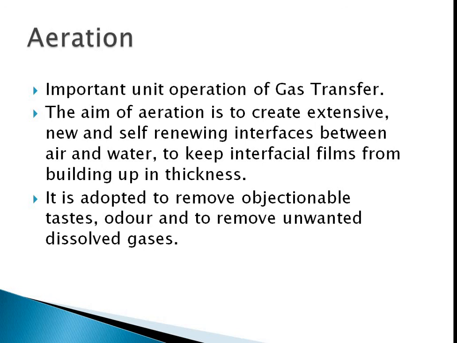Third, addition of ozone from the ozone generator or chlorine gas. Fourth, addition of CO2 from the gas or carbon dioxide gases to recarbonate lime softened water, and for the removal of corrosion promoting oxygen as well as other gasification by spraying water into vacuum chamber. So these are the basic objectives.